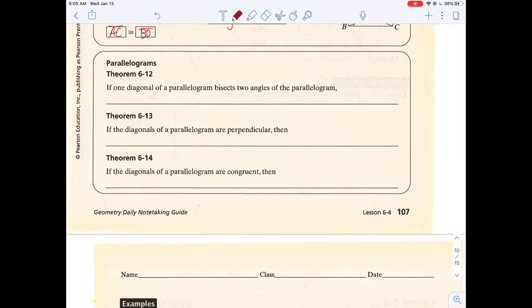If one diagonal of the parallelogram bisects two angles of the parallelogram, then the parallelogram is a rhombus. If the diagonals of the parallelogram are perpendicular, then the parallelogram is a rhombus.